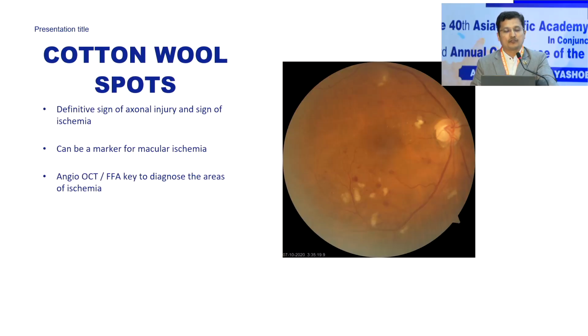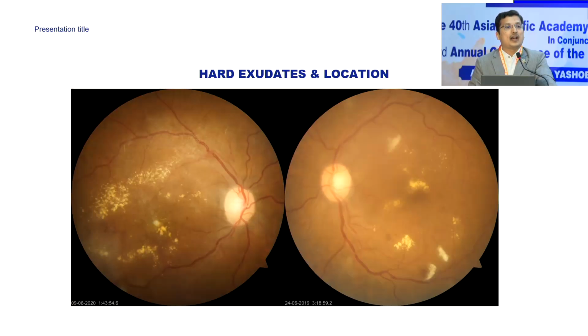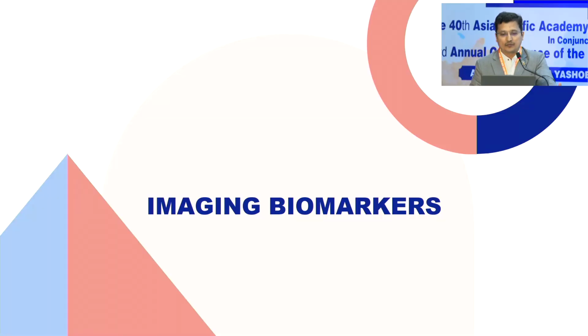The location of the microaneurysms and the cotton wool spots are the telltale signs of future and present ischemia. The location of the hard exudates, if they are located at the fovea and in a clump, you might not treat them as such.